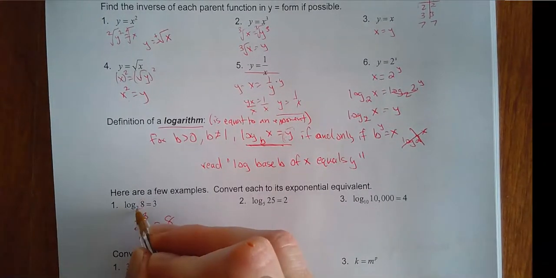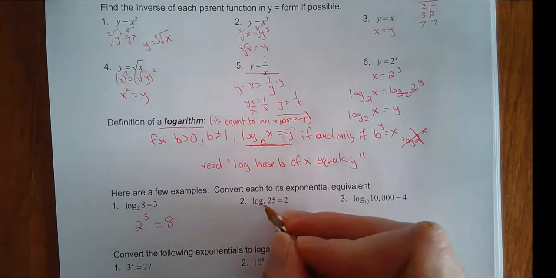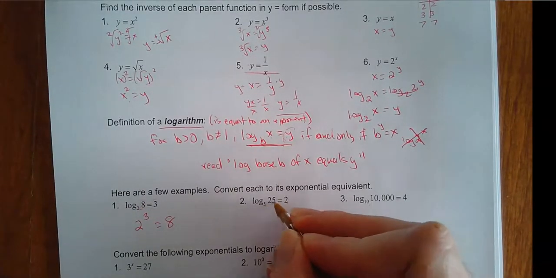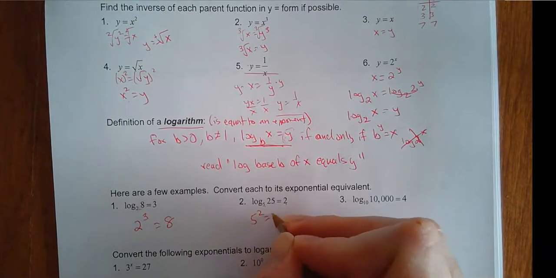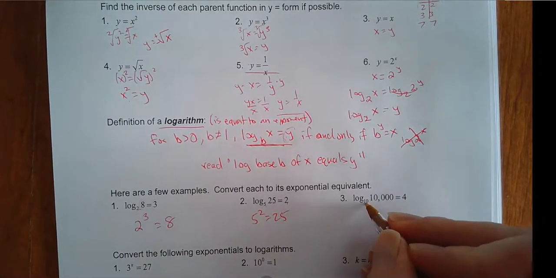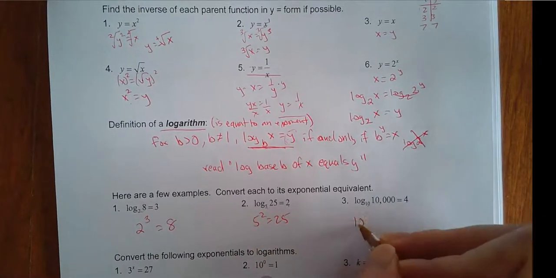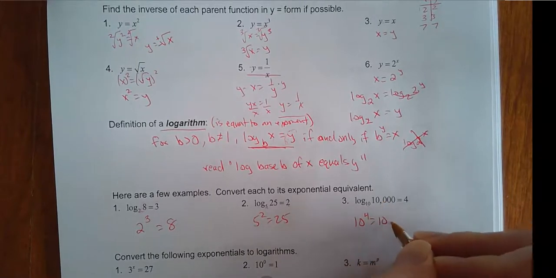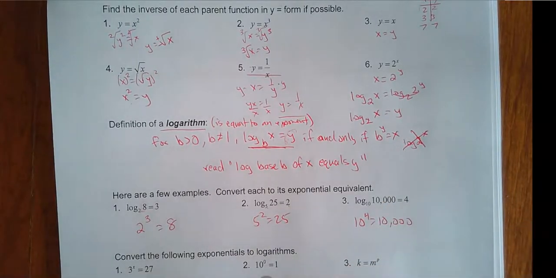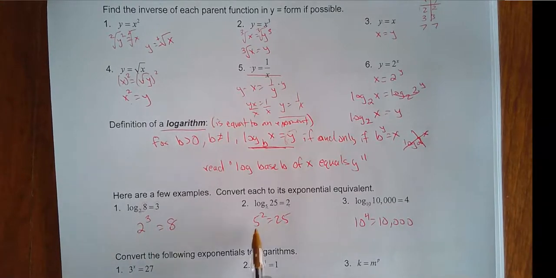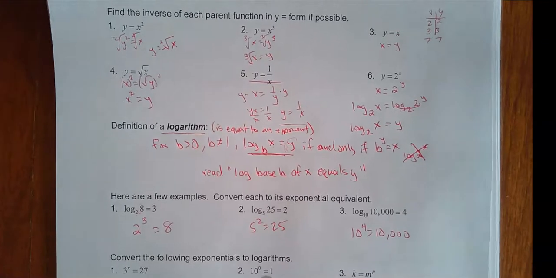So basically, 2 to the third equals 8. 5 squared equals 25. In this one, 10 to the fourth equals 10,000, and that's true. So if it's a problem like this, on a quiz even, and we say just convert it to the exponential form, make sure this is a true statement. 2 to the third is 8, 5 squared is 25. Make sure it actually makes sense.